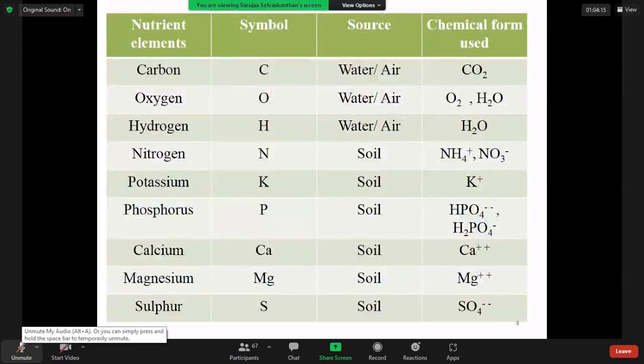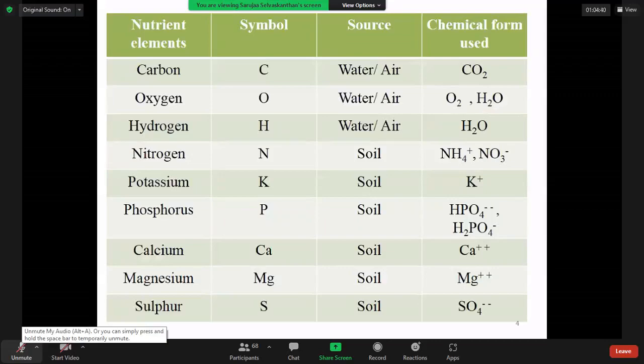Plant nutrients are absorbed by the plant as cations or anions.